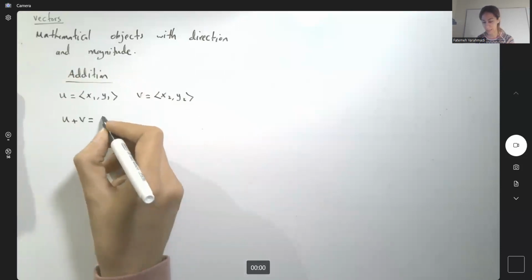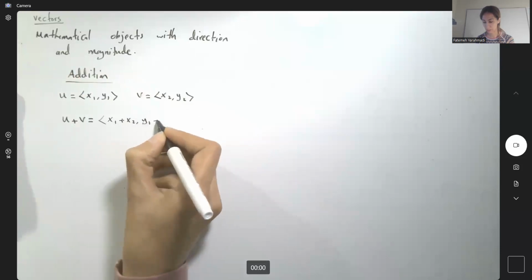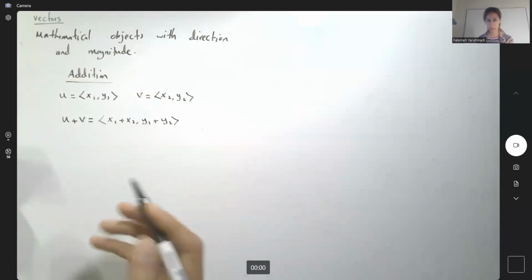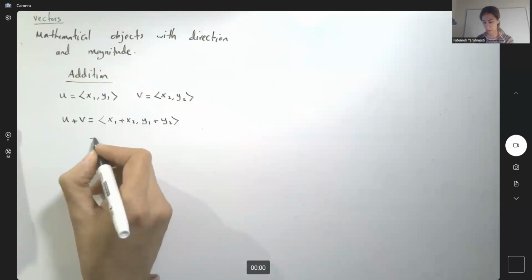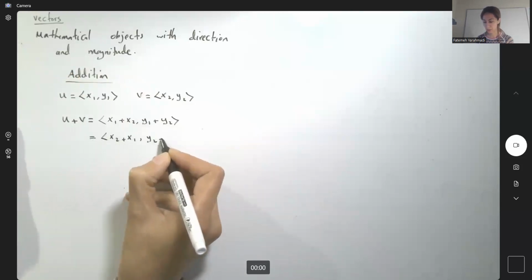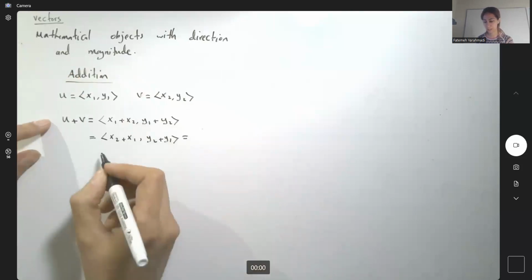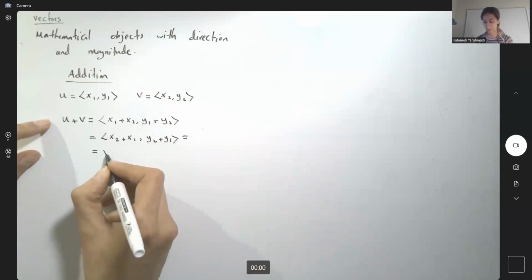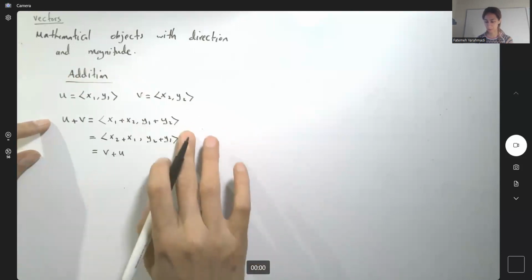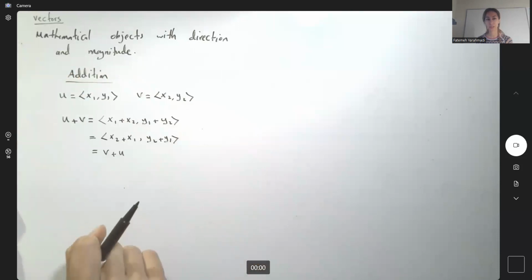This gives you a new vector, x1 plus x2 and y1 plus y2, which is basically the same as writing it as x2 plus x1 and y2 plus y1, which is basically saying that u plus v is the same as v plus u. So the addition between vectors is commutative.